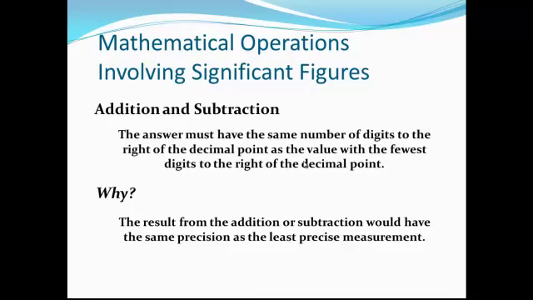So you have a bunch of measurements, you add all of them up together, and the result of the addition or the result of the subtraction cannot have more precision, more accuracy, than the least accurate measurement. It kind of makes sense.